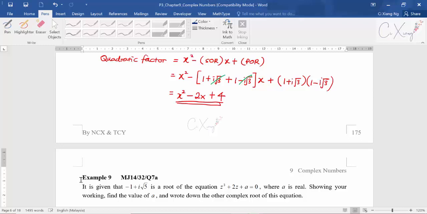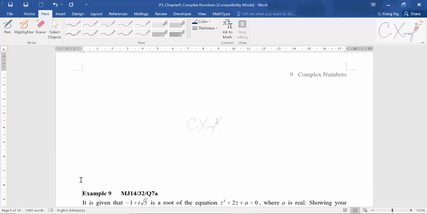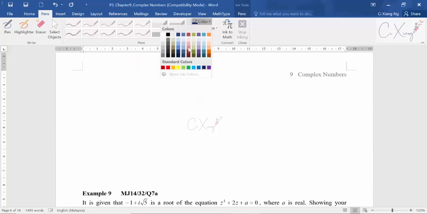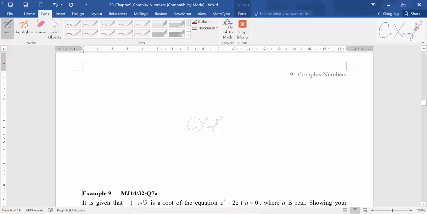Since I already have the quadratic factor, to get the real root I want to apply long division. So what is the equation here? You have 2x^3 minus x squared plus 2x plus 12, then you want to divide it by the quadratic factor x squared minus 2x plus 4.